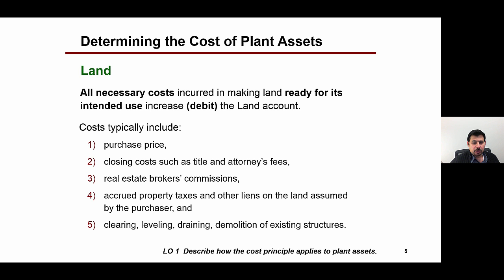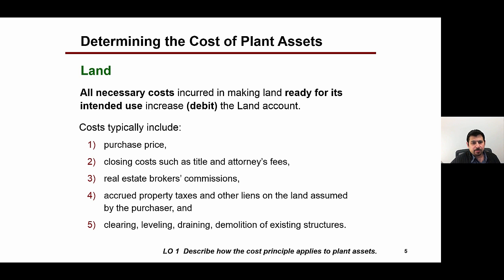For example, in addition to the purchase price, companies would add to the cost of land any sales taxes, any attorney's fees, brokerage fees, cleaning up the land. For example, if there was an old building that needed to be demolished before it is used for its intended purposes, etc. So all these will be included in the cost of a land.